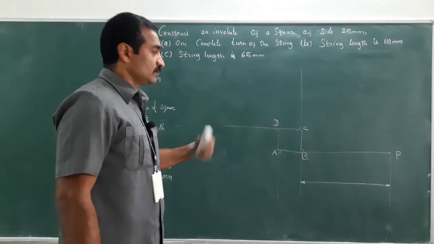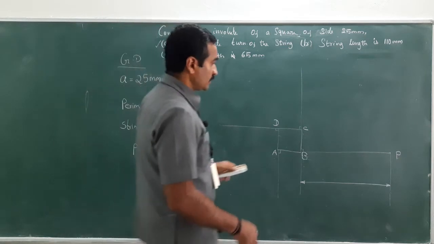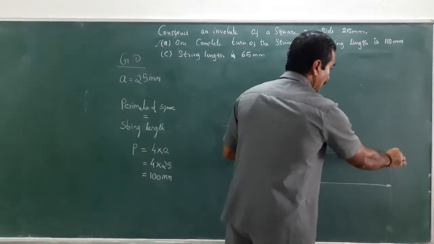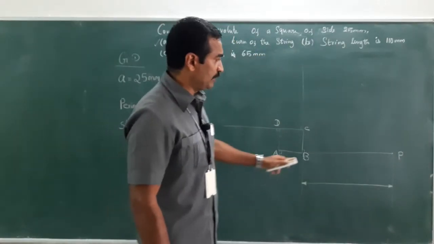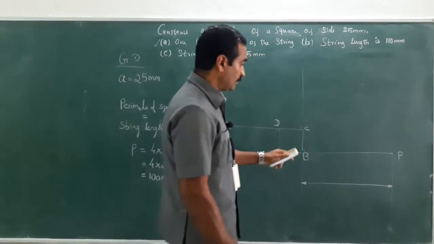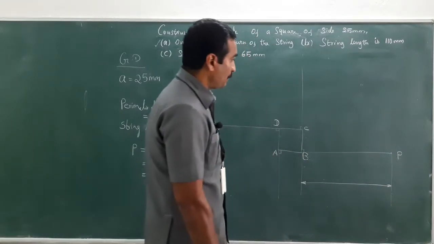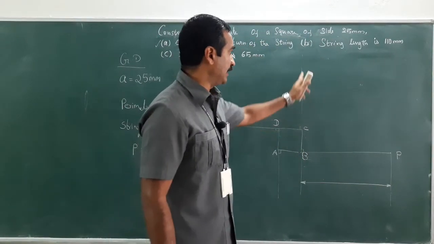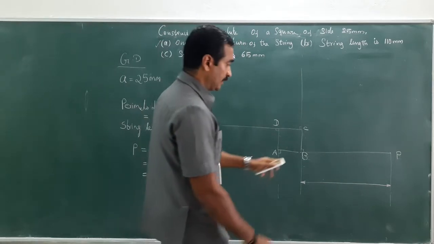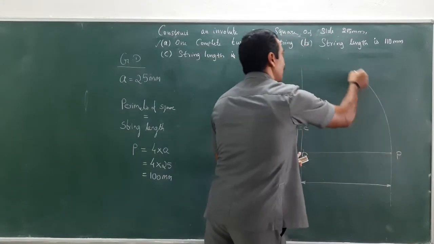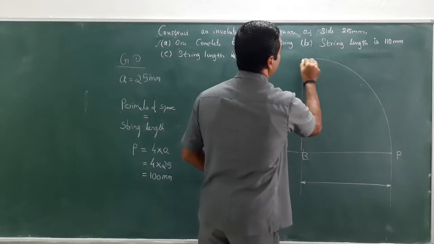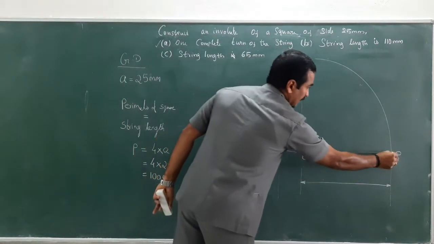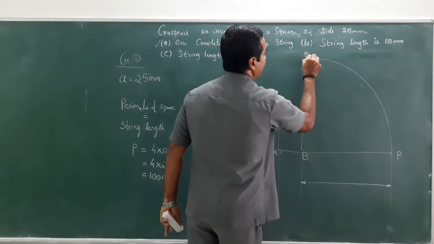Let me measure the distance BP in a compass, and with B as center, cut an arc till it intersects the line extended from point C. Since it started with P, this can be denoted as P1.